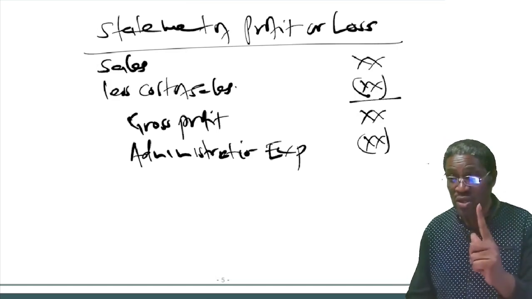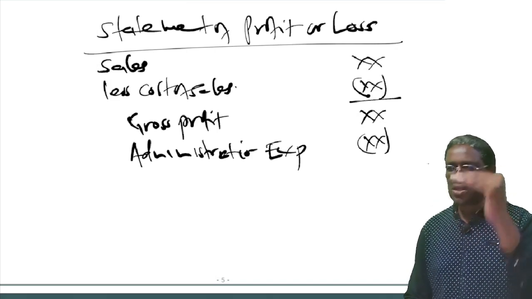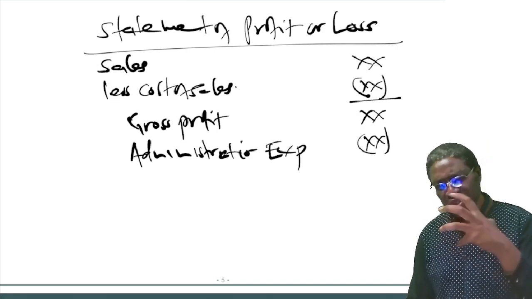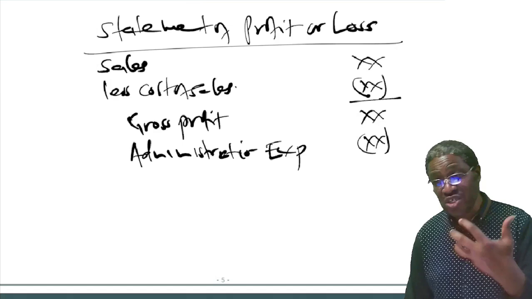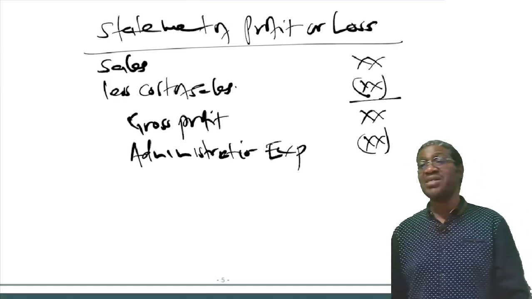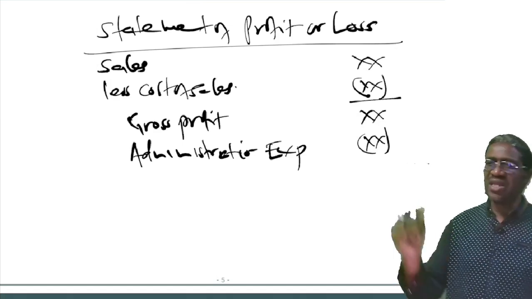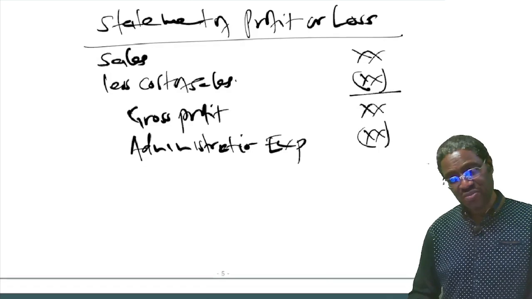Don't come and tell us electricity of the office, insurance of the office, telephone of the office. Yes, it's true they are administration expenses, but you don't show them individually on the face of the income statement. Instead, combine them somewhere, bring them as a single amount.